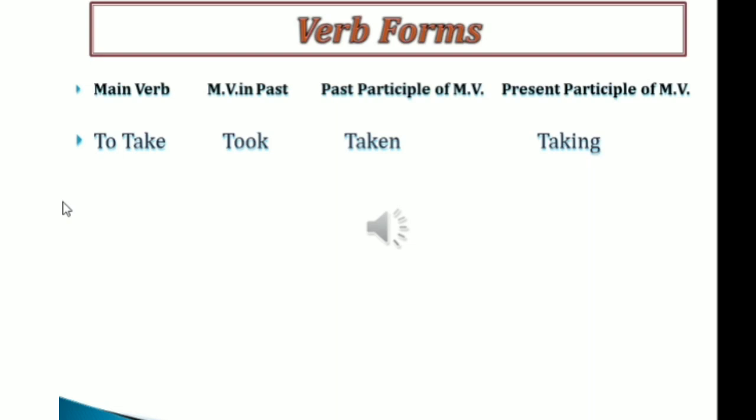Type 2 irregular verbs: to buy, bought, bought, buying. Why have I called it type 2? Because here the main verb in past and past participle are spelled the same and pronounced with the same sound, but their meanings are different.